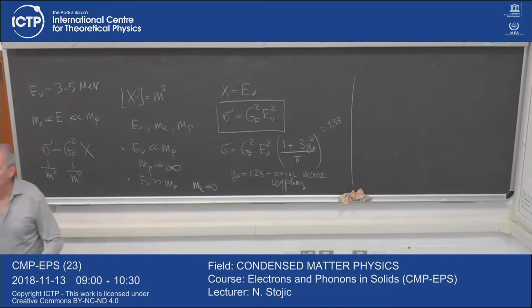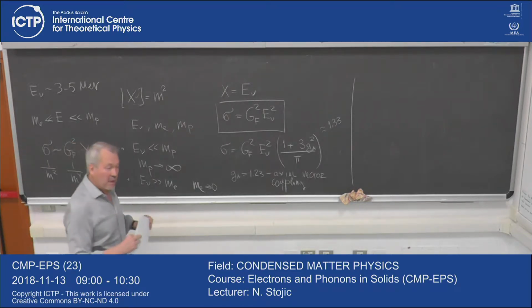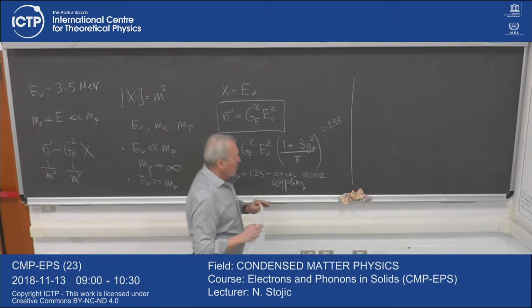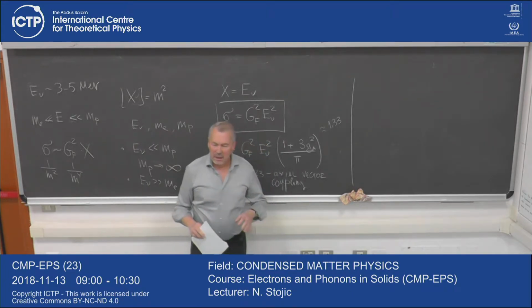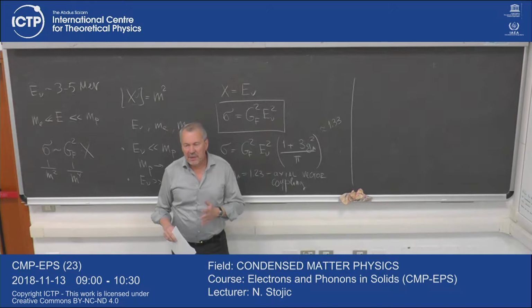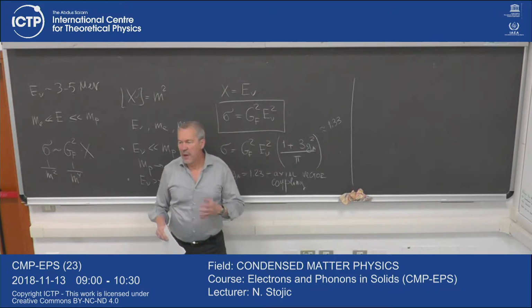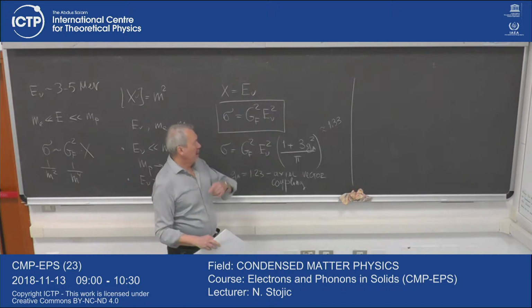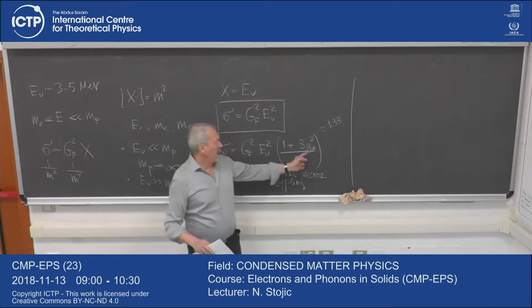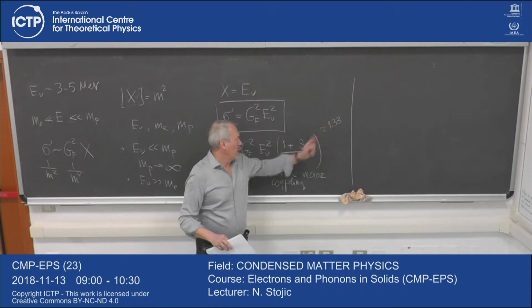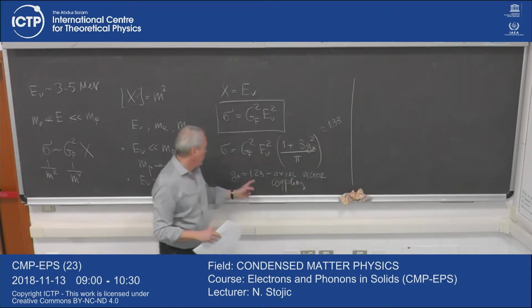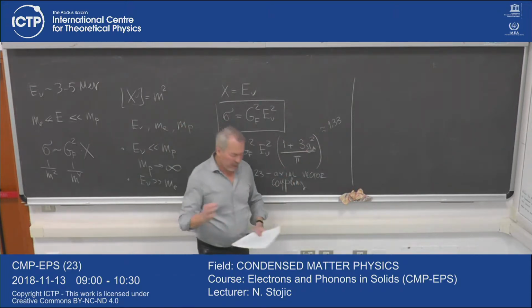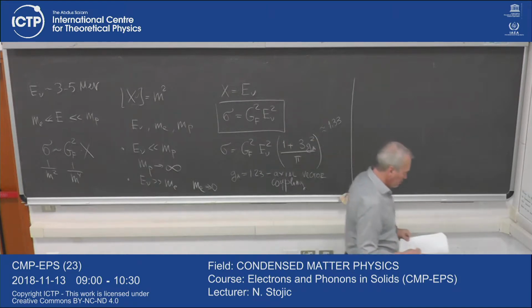But then parity violation was discovered, and therefore the true current has structure vector plus or minus axial vector coupling. And the axial vector coupling comes with this additional factor, 1.23. We will discuss this later.